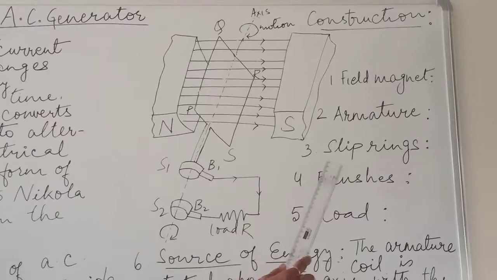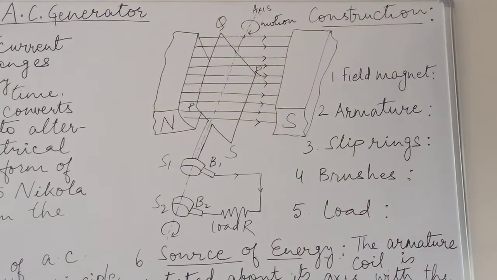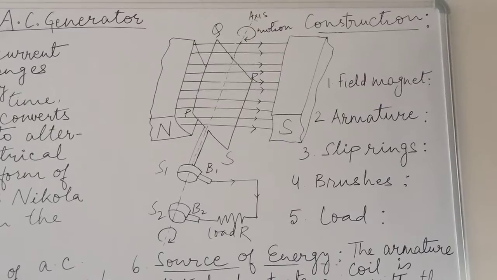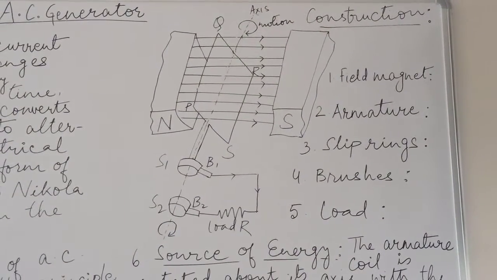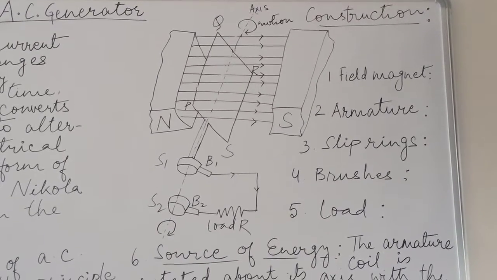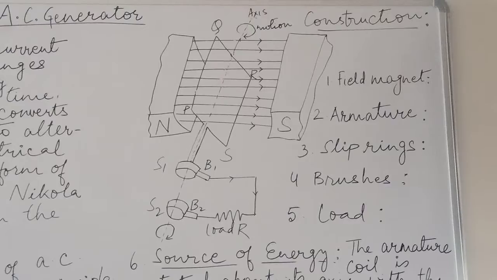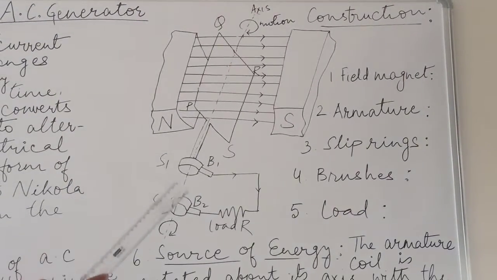Number 3, slip rings. S1 and S2 are two slip rings. The two ends of the armature coil are connected to two coaxial brass rings S1 and S2 called slip rings.